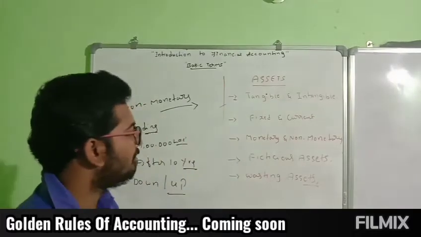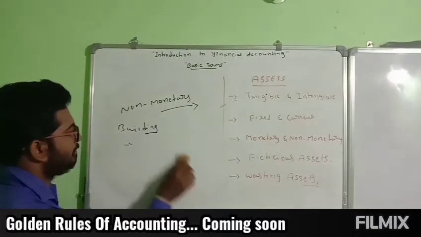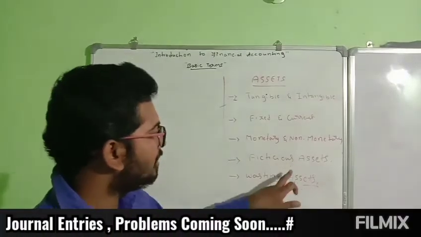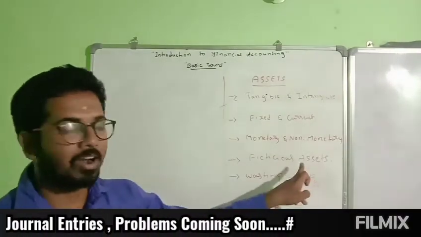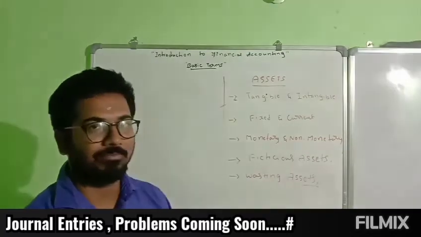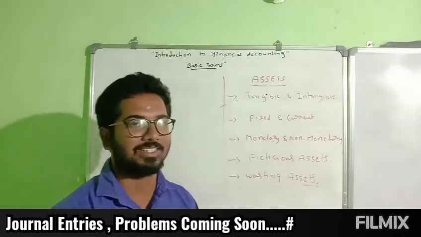Then you can see the next one, fictitious assets. Here fictitious assets refers to assets that are not real assets, but you can get the benefit in a future period of time. That is what we call fictitious assets.